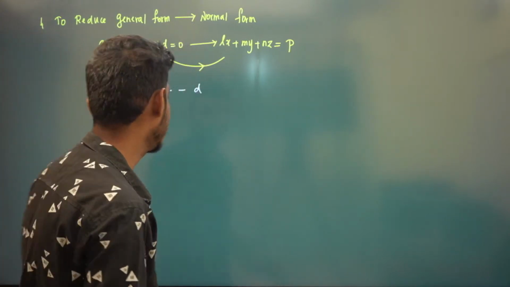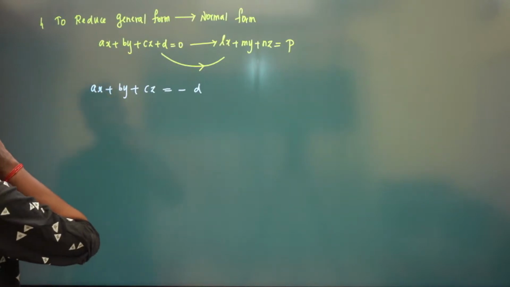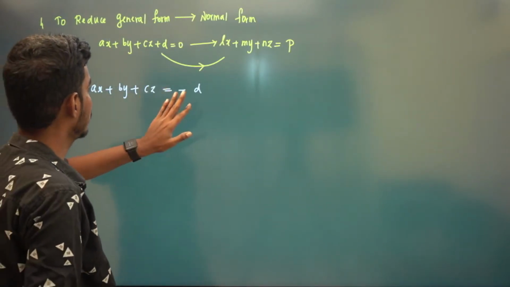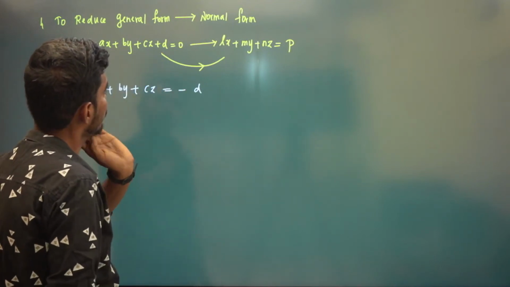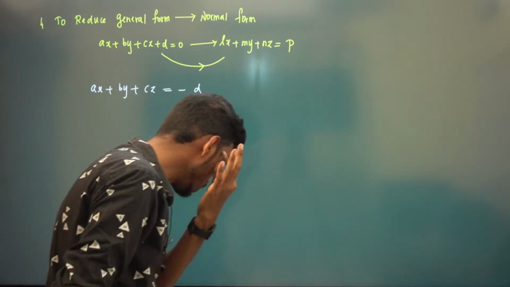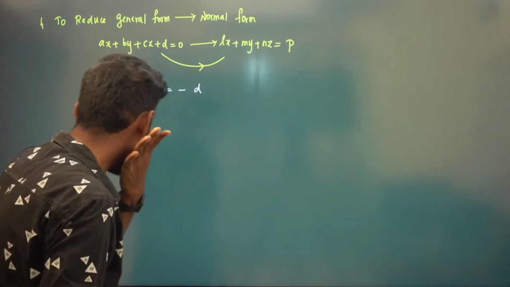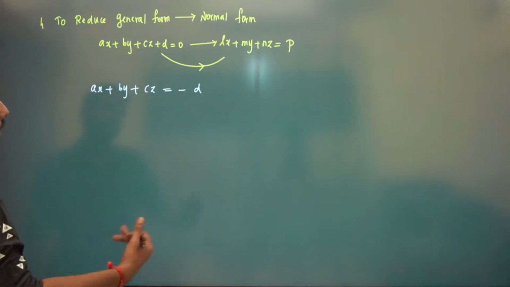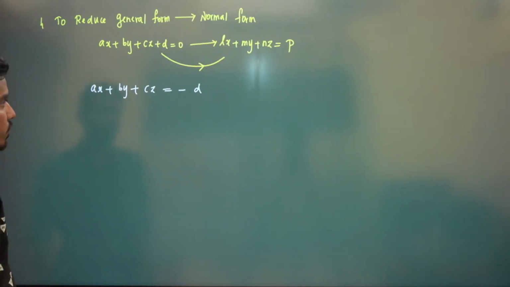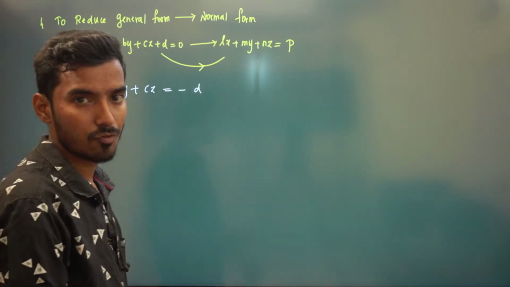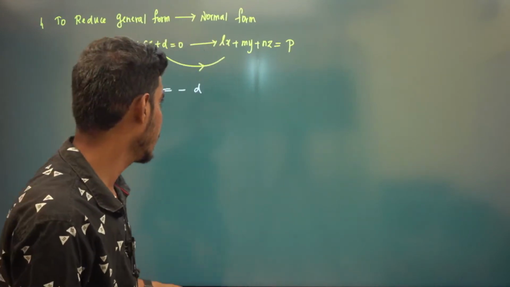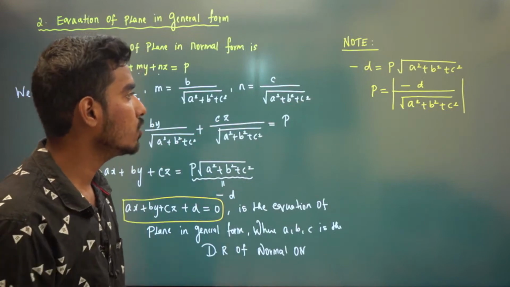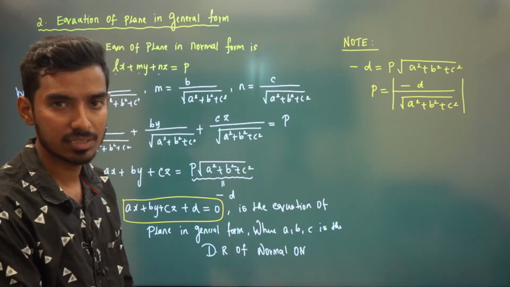Now you just have to divide by, okay, just a minute. What is p? P is the length of the perpendicular ON, and we all know the formula for P, right? So P is minus D divided by root of A square plus B square plus C square.